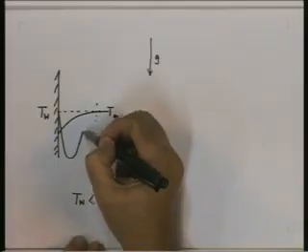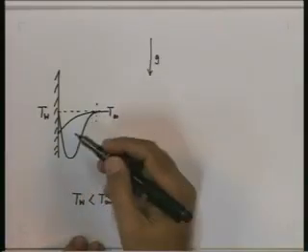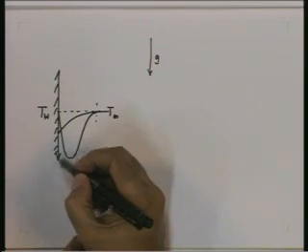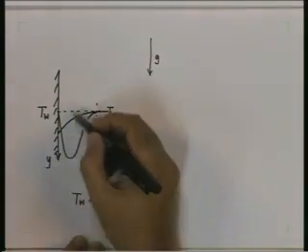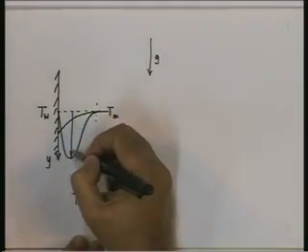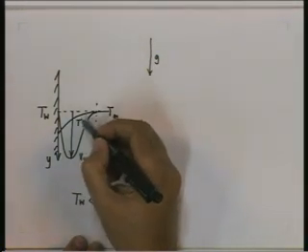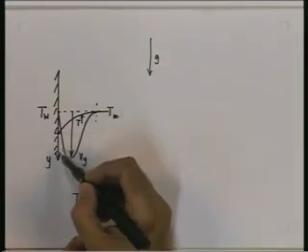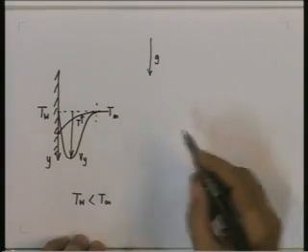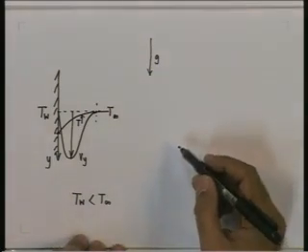So, we will have a velocity profile like this. If you call y axis downwards, then Vy will be positive downwards, and this is the temperature profile, which will start from the wall temperature near the wall and increase to T infinity in the free stream.